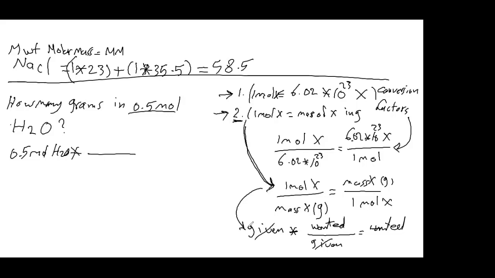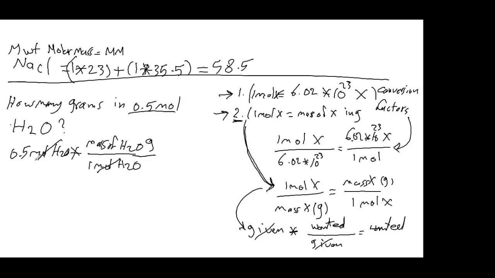So I will use this factor, but which one will go to the top? The mass of water in grams will be on the top, and 1 mole of water will be on the bottom, to cancel mole of water with mole of water.